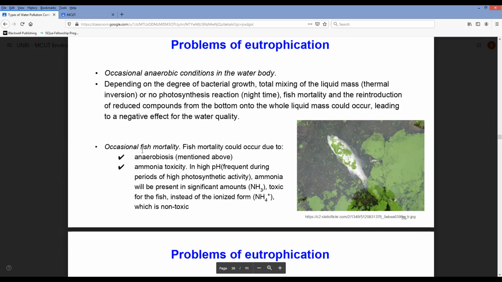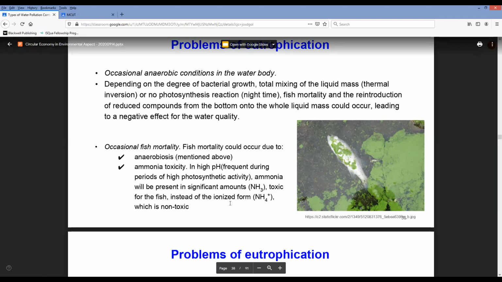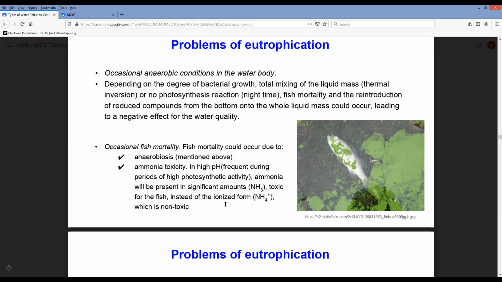Occasional fish mortality means fish die, and this could occur because of anaerobic conditions and also ammonia toxicity. The ammonia will kill the fish.